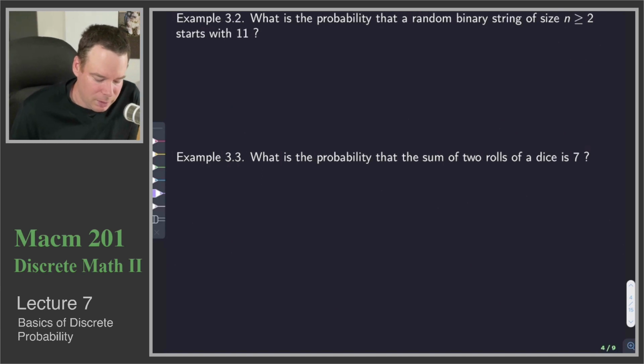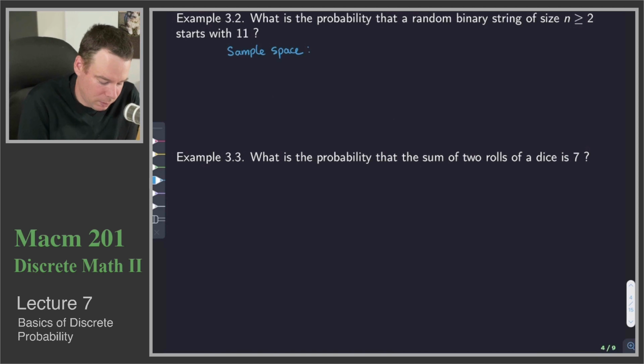What is the probability that a random binary string of size n starts with two ones? So what we're going to do is continue much the way we did in our first motivating example. And that is we are going to work out what is the sample space, what is the event space, and then work out the size of each and take their ratio.